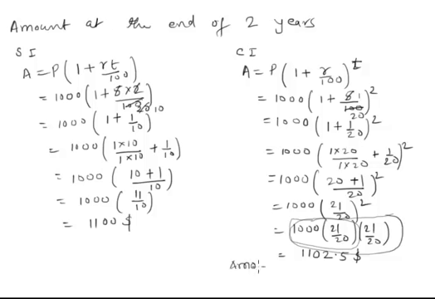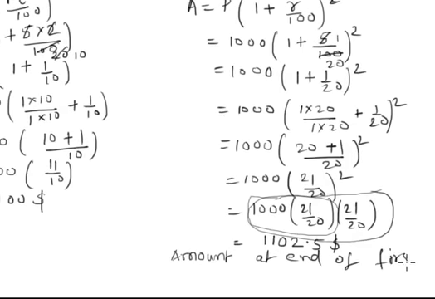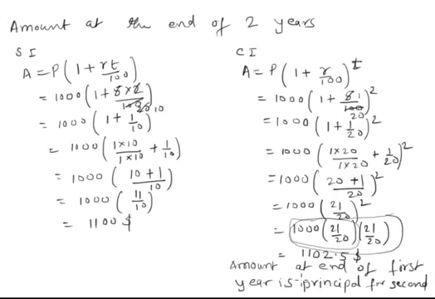So the amount at the end of the first year is the principal for the second year, and here the principal remains the same.